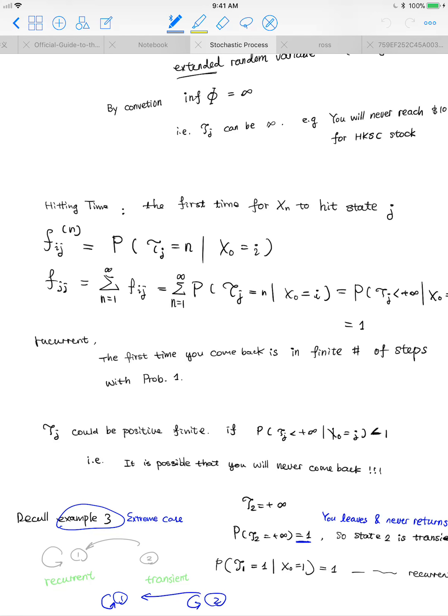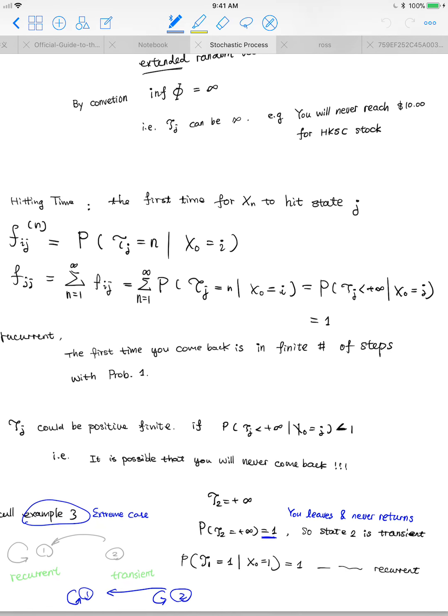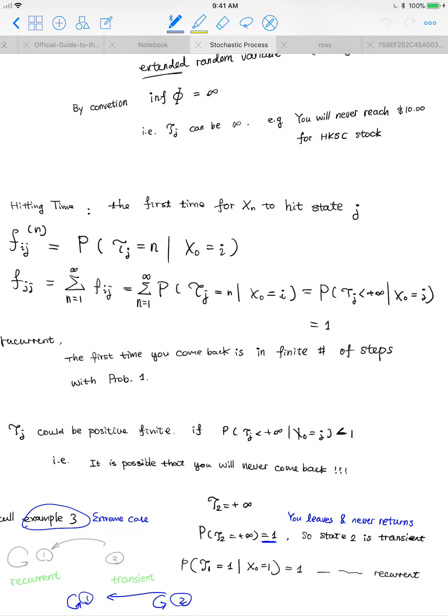Note that the probability that tau j is smaller than positive infinity being smaller than 1 means the probability that tau j equals positive infinity is larger than 0.